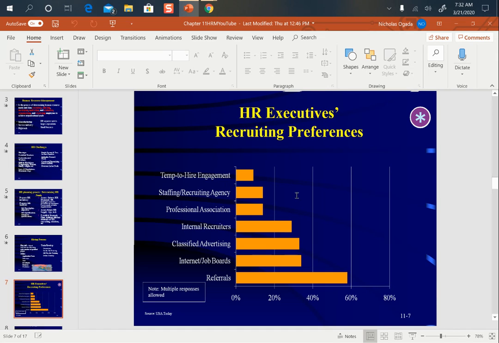You referred your friend, a relative, or a colleague you used to work with. So referral is a very important aspect. What I always tell students is make sure you network, either with the people in the classroom here or even in the workplace, because it's a strong bond that may help you in the future to get a job.